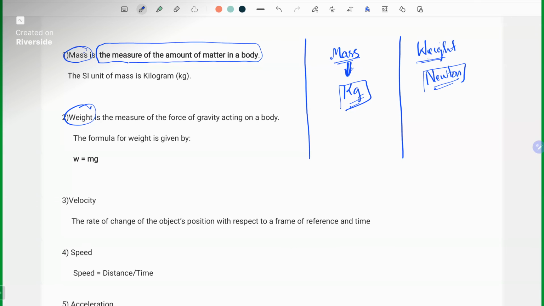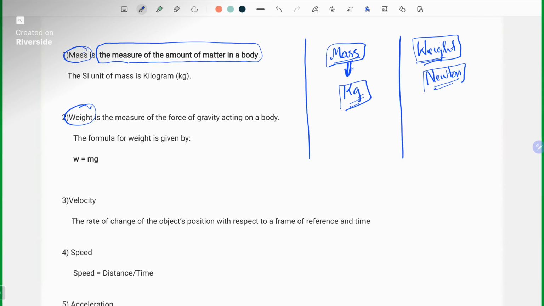But weight: there is a mass. Say our mass is 50 kgs. Weight is when we are on the earth or any planet which has certain gravity, there will be a downward pulling force acting on us.